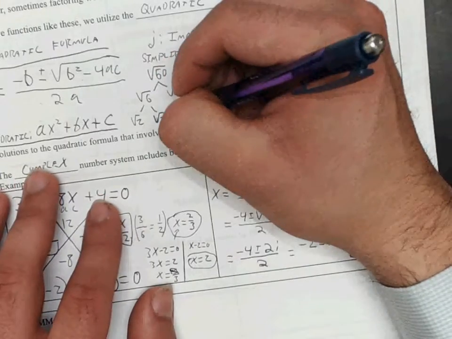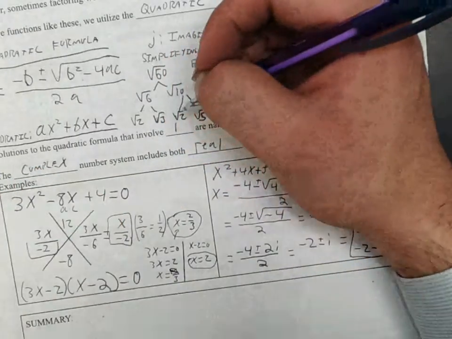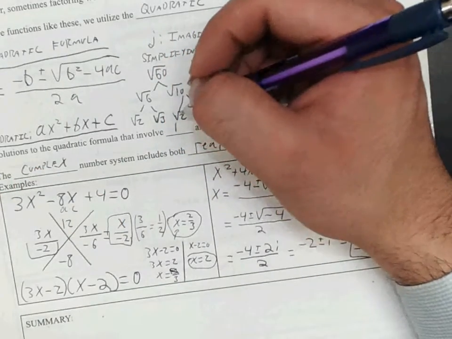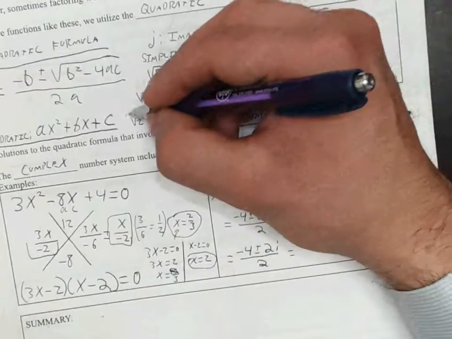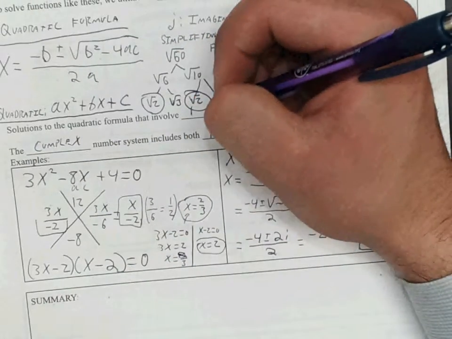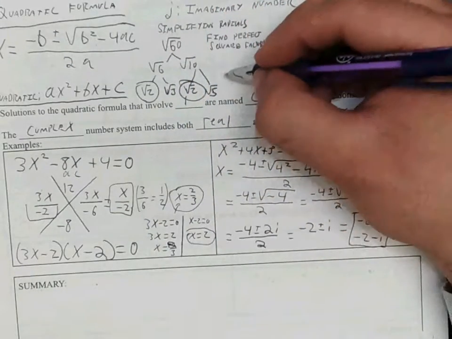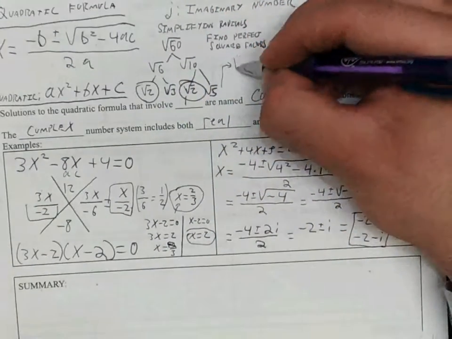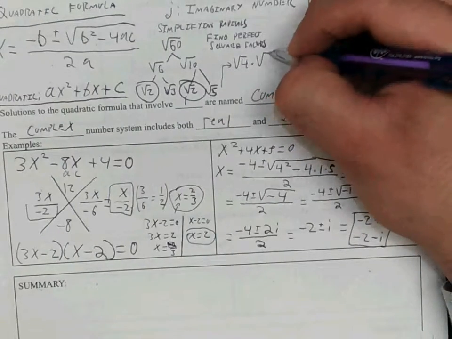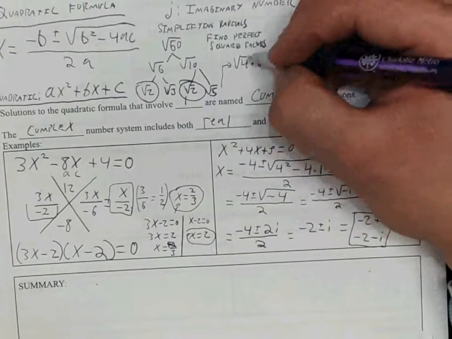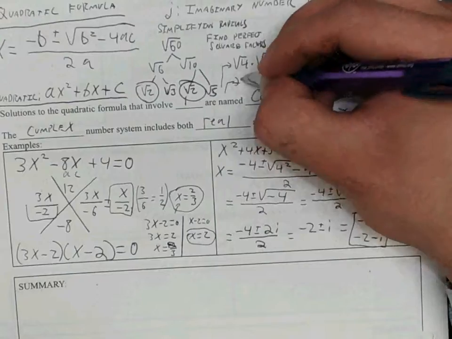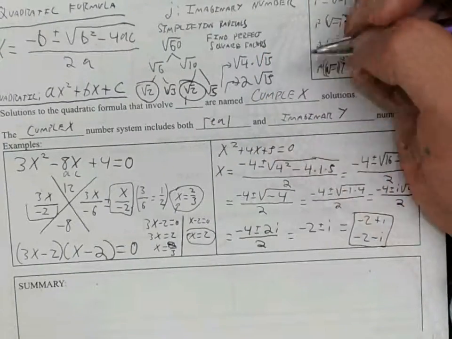So root 2 times root 2, we can multiply those because these are the same. We have root 3 and root 5. So you can have root 4 times root 15, or the square root of 4 is 2, so this would simplify to 2 root 15.